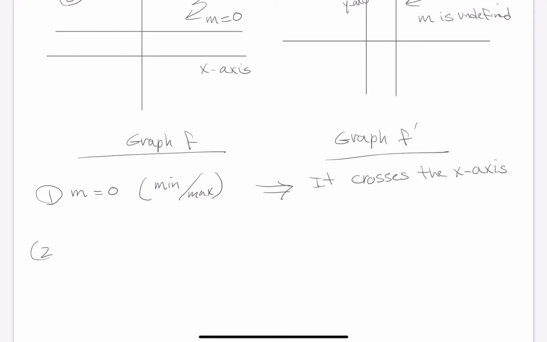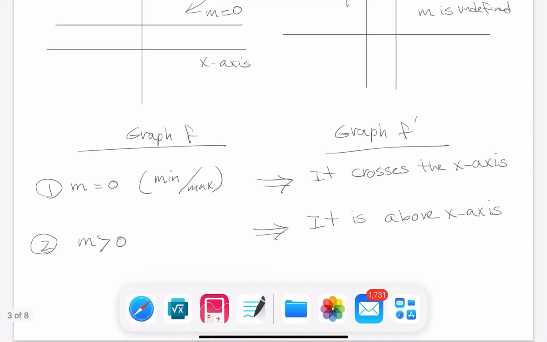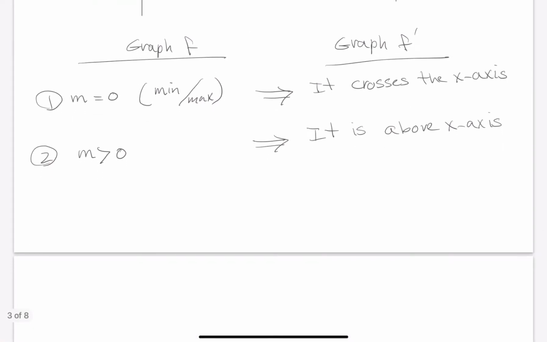What about in an interval we see that m is positive? Then the graph of f prime is above x-axis. What about if I see the slope is negative? Then it is below x-axis.